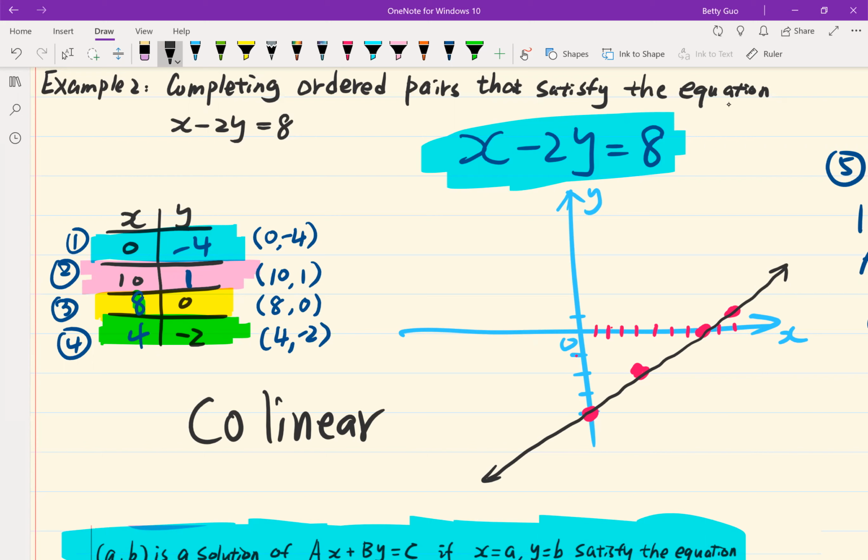Remember, we agree this equation, a linear equation in two variables, has infinitely many solutions. If you have the time to plot more solutions, you will see they are all collinear. And the straight line passing them is the graph of the linear equation in two variables, x minus 2y equals 8.